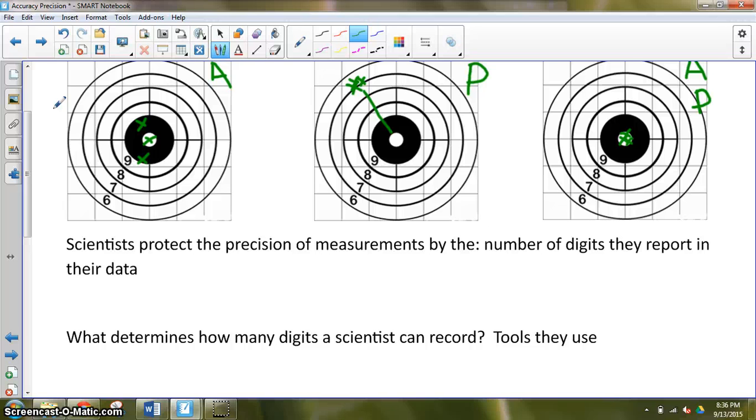For example, if you measure something with a ruler to 5 centimeters, you could, if it was exactly 5, say it was 5.00000000 centimeters. But depending on the tool you use, you probably don't actually know that it's exactly 5 to that level of specificity. You might only know 1 or 2 decimal places. Scientists know that the tools they use are going to limit the precision of their measurements.